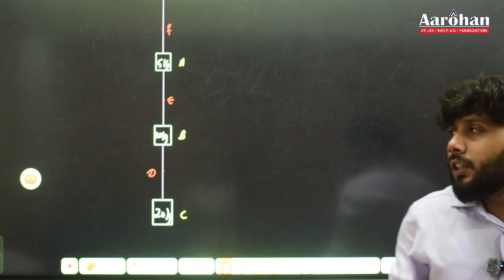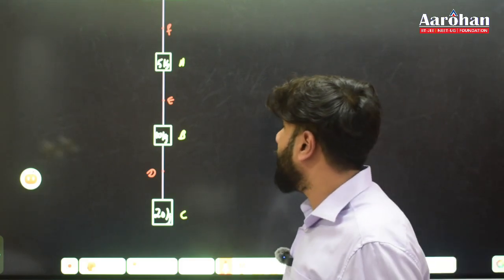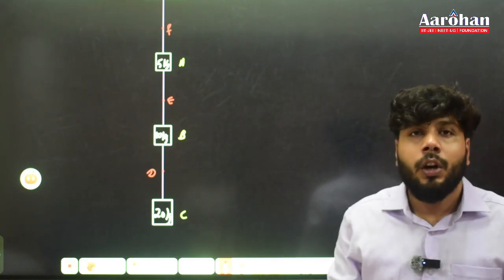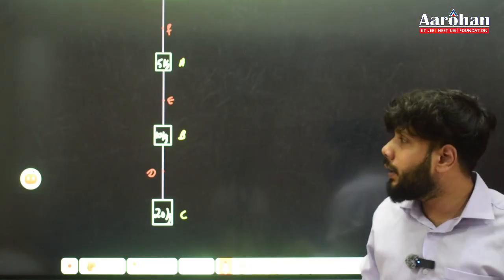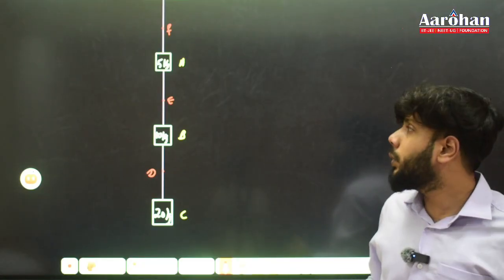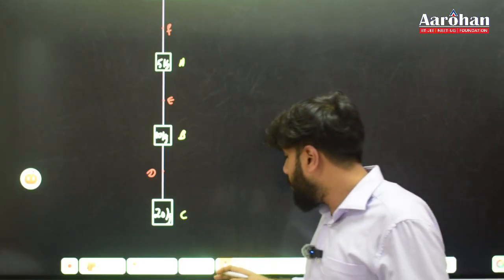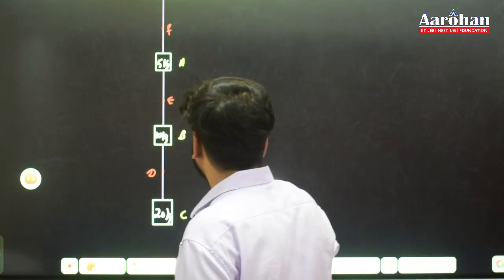If you cut this string at any particular point C, D or F, you have to figure out what the new tensions are, and also the acceleration of individual boxes.